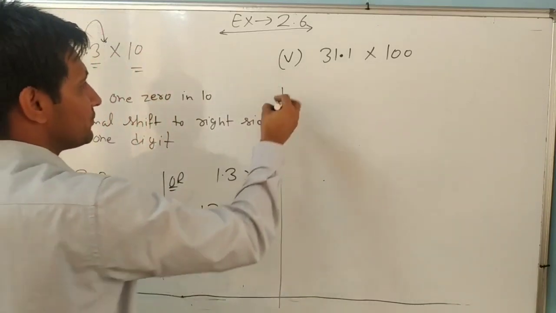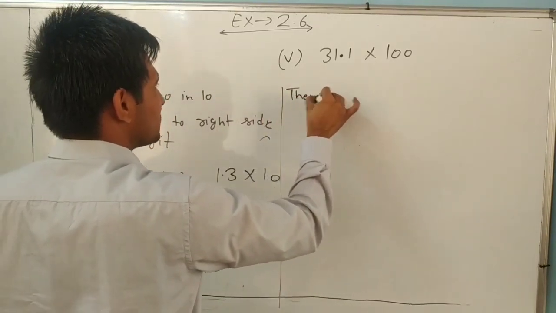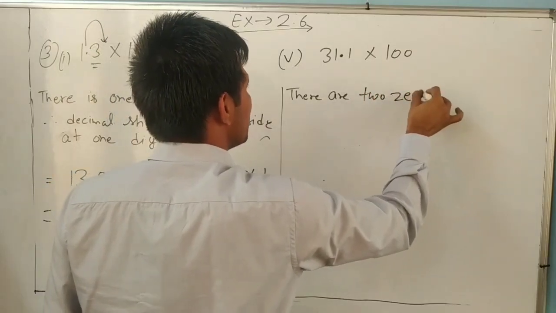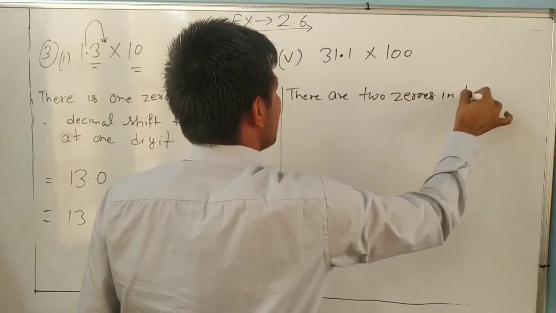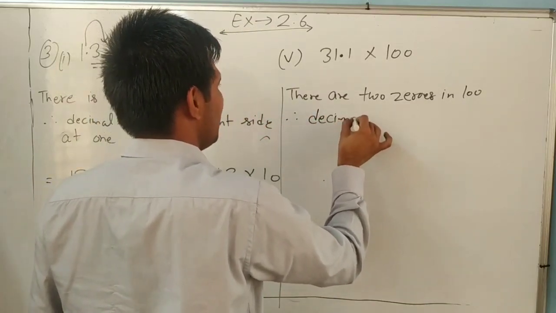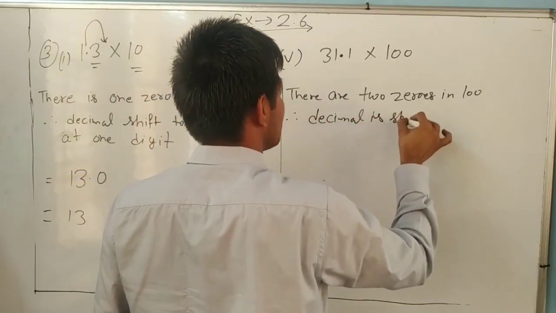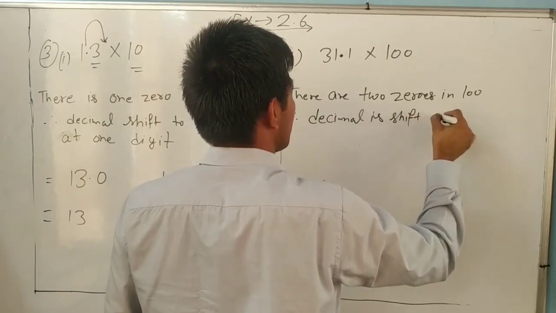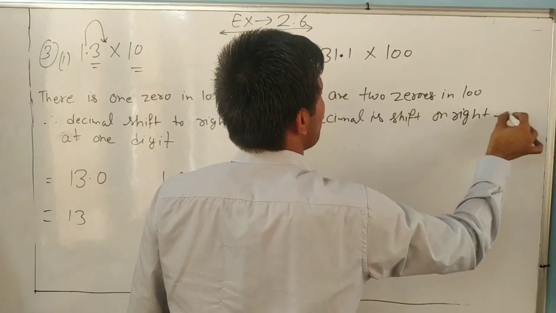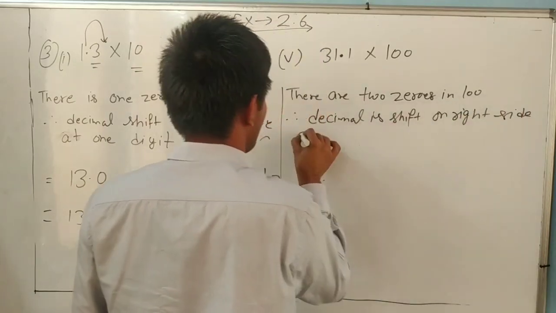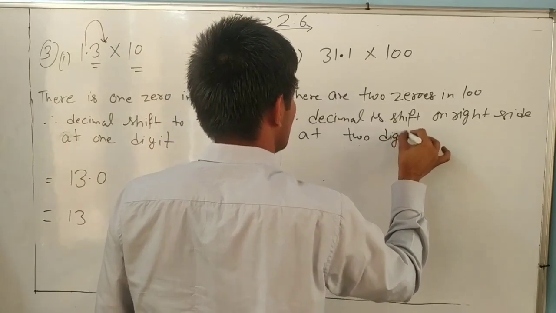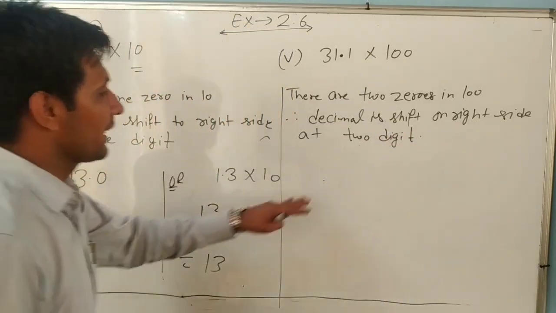So we will write. First we write there are 2 zeros in 100, so therefore the decimal is shifted to the right side, always the right side, by 2 digits.